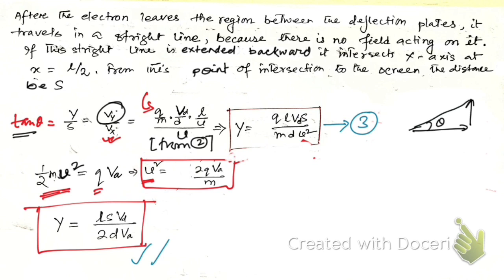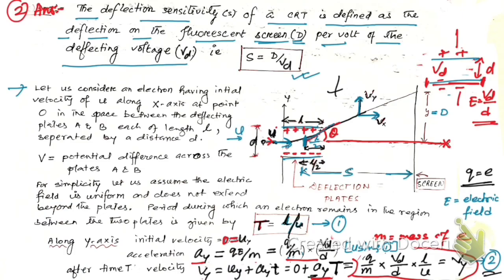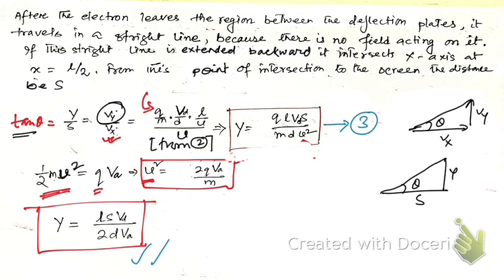This is theta, and this component was Vx, and this was Vy, and also we have used this y by s. From this diagram you can say this is y, and this is s, right? And similarly this Vy can be drawn here by parallel shifting, so this angle will be theta. So from here we have this triangle, Vx, this is Vy, this is theta, right? From these two we have obtained tan theta.